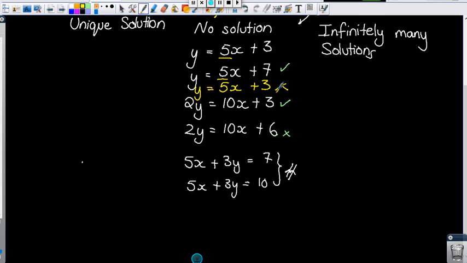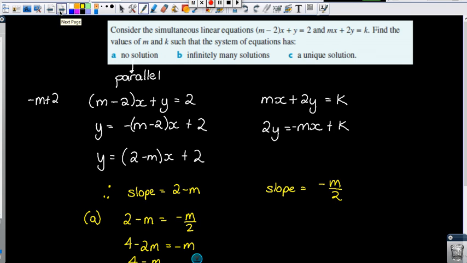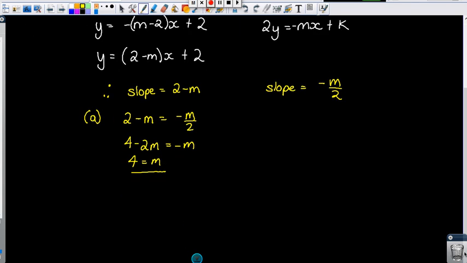So when we come back to this, love the face, you're frowning at me, right? When we come back to this and I put 4 back into my two equations, this one becomes y equals 2 take 4 minus 2. We're all happy? So we get minus 2x plus 2.